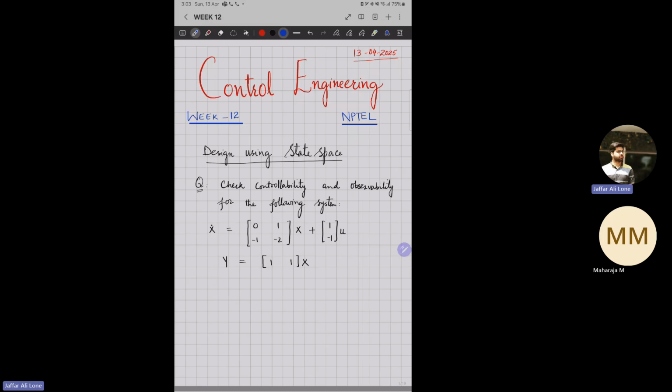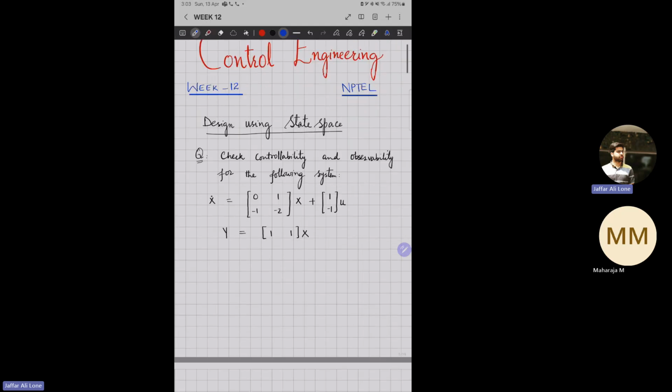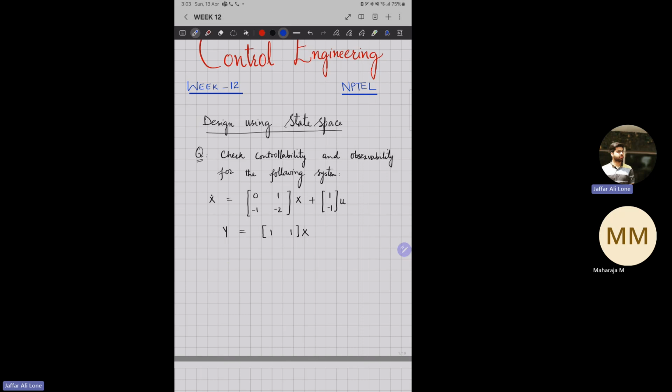If you're asked to find the controllability and observability of a system, this is the general form of a system, as we discussed in the last class. It's in this form: x dot is equal to Ax plus Bu, y is equal to Cx plus Du.